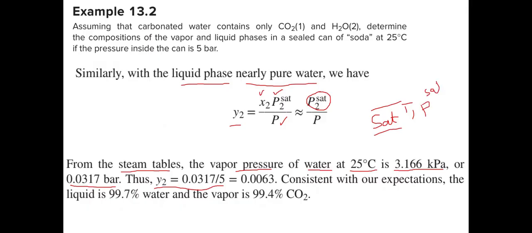At the given temperature of 25 degrees Celsius, we have 0.0317 bar. We will use this, and consistent with our expectation, the liquid is 99.7% water and the vapor is 99.4% CO2.